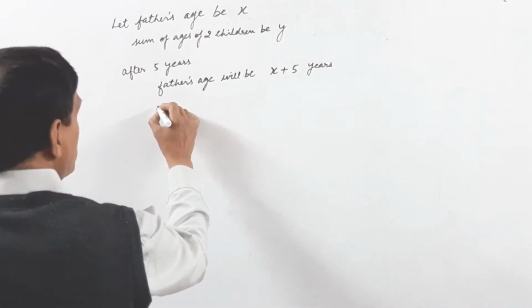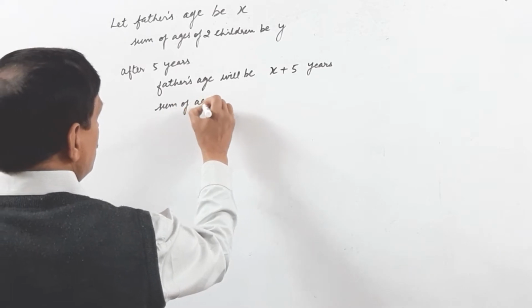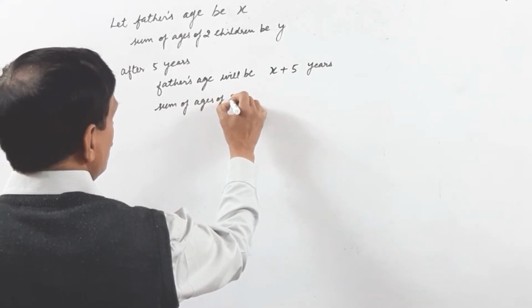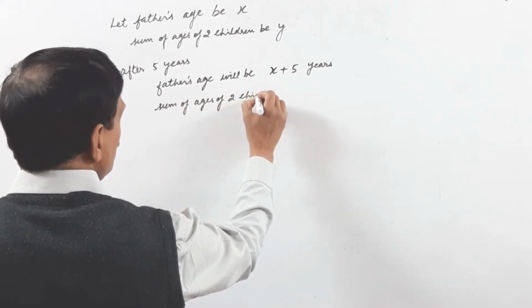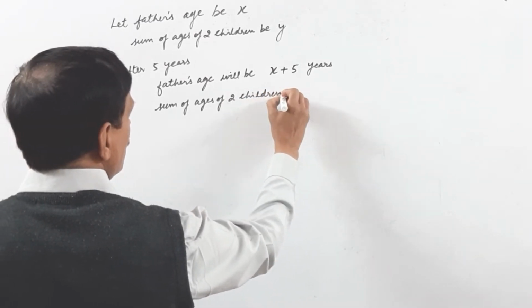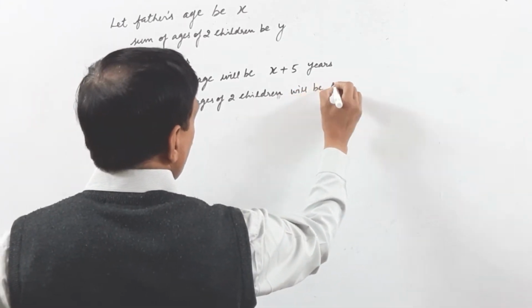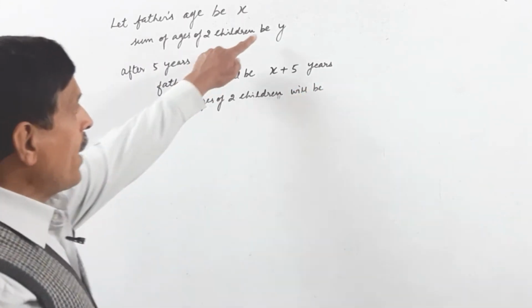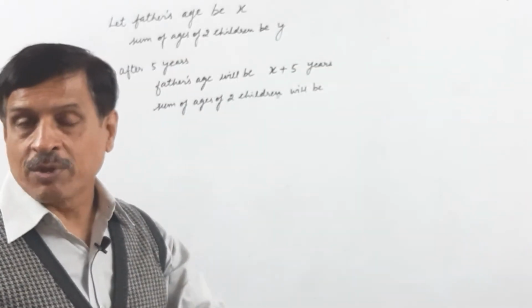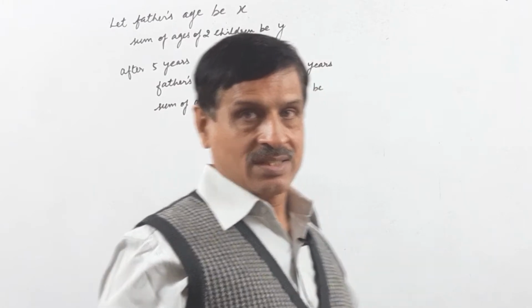And sum of ages of 2 children will be y plus 10 years, because there are 2 children and age of each child will increase by 5 years.